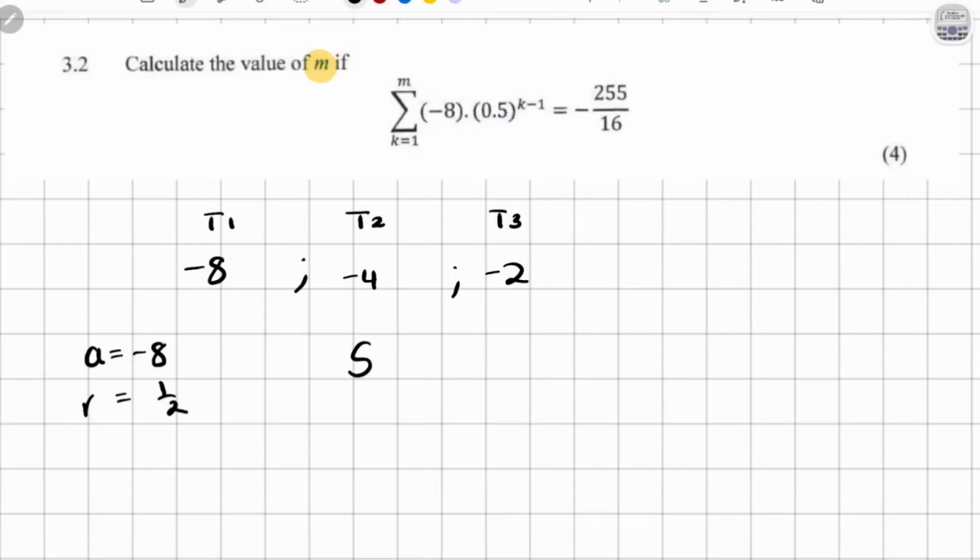Because r is less than 1, I'm just going to use this formula. Even if you use the other one, it's fine. Sn is equal to a multiplied by 1 minus r raised to the power of n over 1 minus r. Even if you use the other formula with r to the power of n minus 1, it would work. But I just want to explain something about this m.